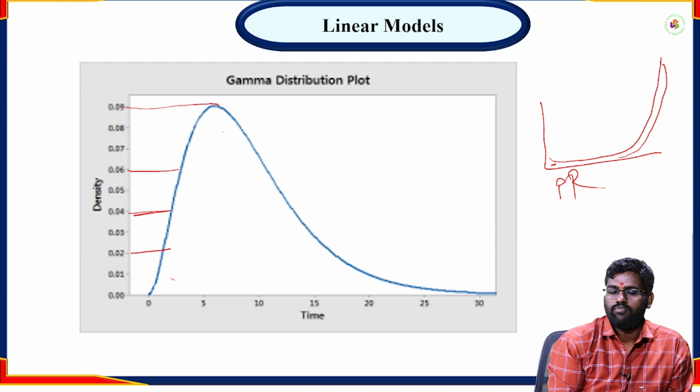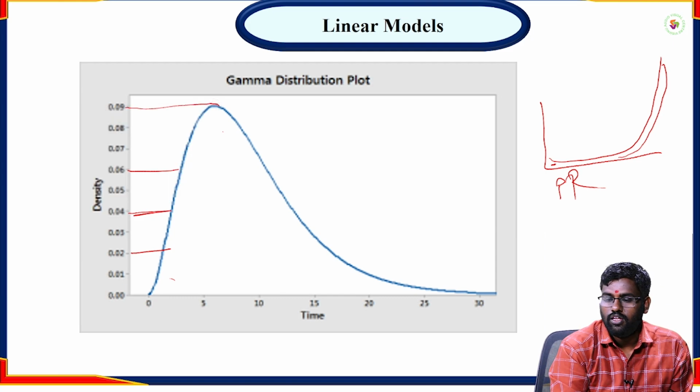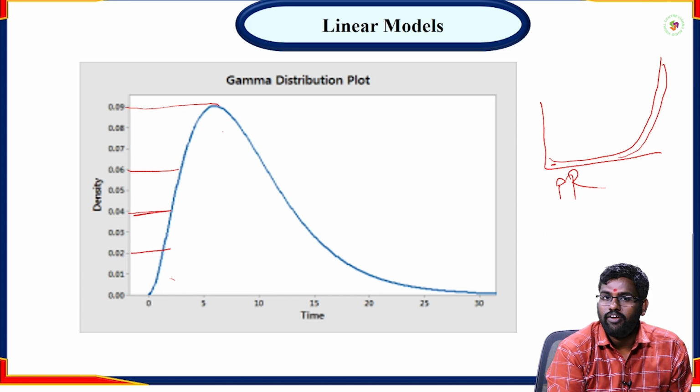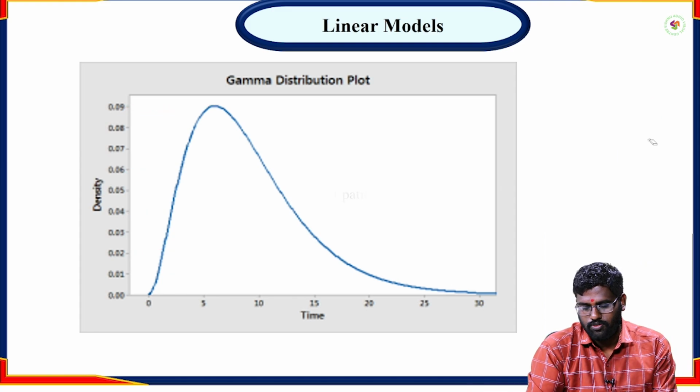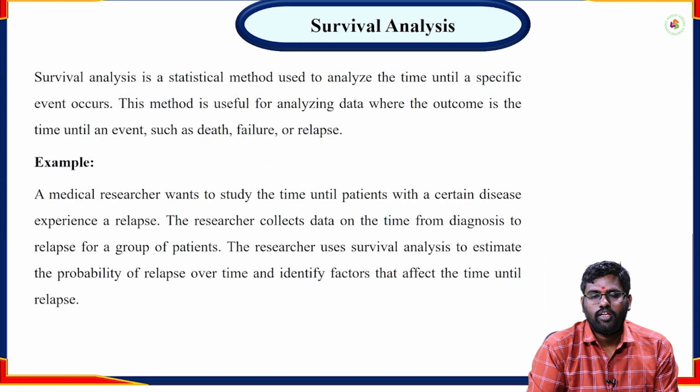So the graph represents the gamma distribution. It is the same as Poisson regression, but the curved shape will be different compared to Poisson regression as well as the gamma distribution. This is about the linear models.